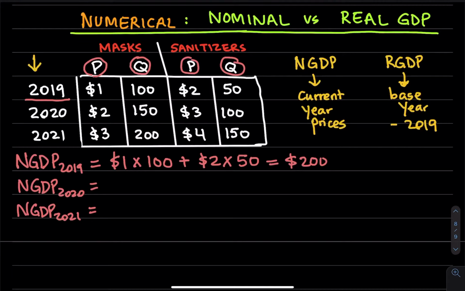Okay, similarly, we are going to take each row at a time and compute nominal GDP for the next 2 years. So we have $2 for a mask times 150 masks that we are producing, plus $3 for a sanitizer times 100 sanitizers that we are producing, and this is going to be equal to $600.